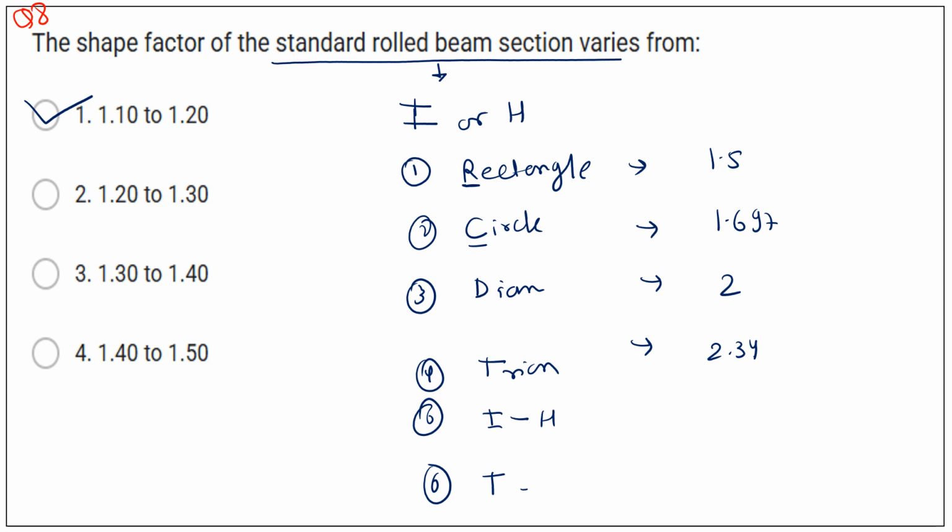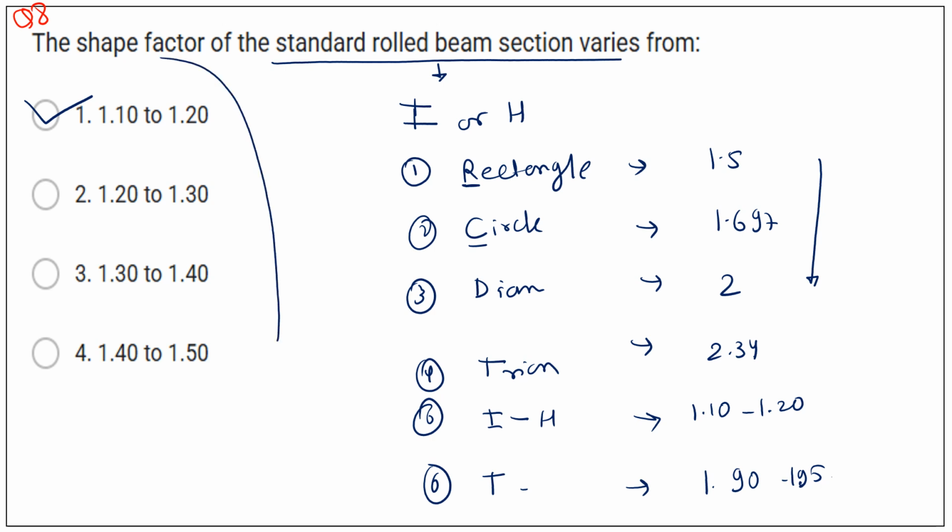For the first 4, the numbers are in increasing order, and then the 2 values for I and H section are 1.10 and 1.20, and for the T section, the value is 1.90 to 1.95. So this is about the shape factor.